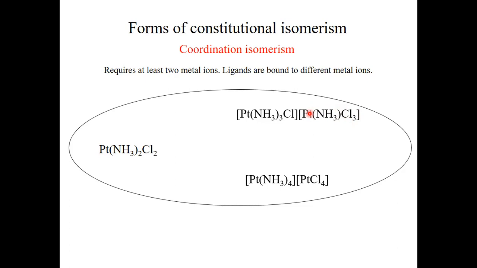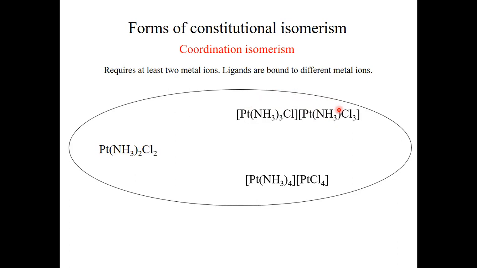So at first glance, it doesn't look like this compound is an isomer to that one, but when you really analyze the empirical formula, you will see that these 2 are actually isomers. They have both the same empirical formula. Let's just prove this. Well, we have here 1 platinum and 2 amines and 2 chloro ligands, and here we have 2 platinums and 4 amines and 4 chlorines. So we have just twice as many atoms, but we can divide this by 2, and then the formulas will be identical.